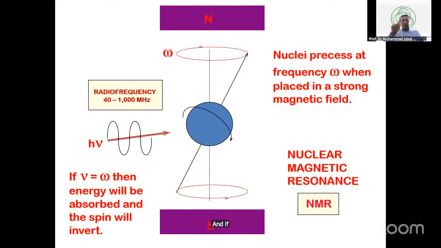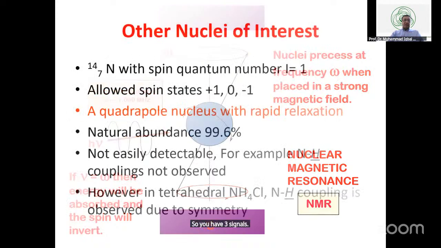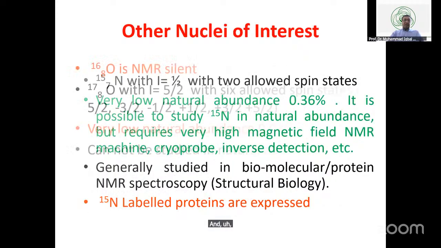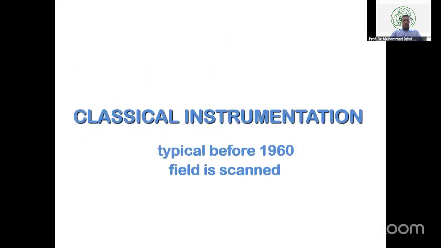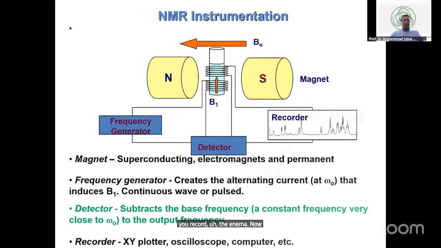And if you have three different types of precession frequencies, Larmor frequencies, then you would have three different types of absorptions. So you have three signals, and you record the NMR. Now I want to show you historically what the NMR looked like.